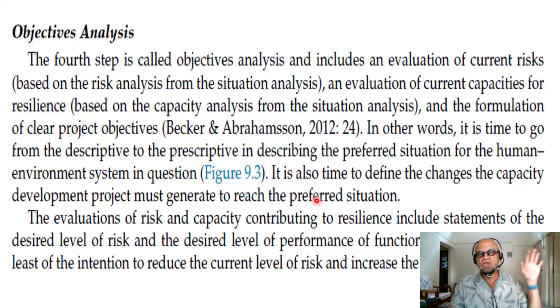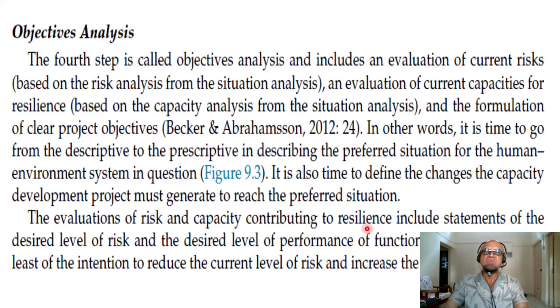So we have understood the current situation, we are defining a preferred situation, and then we want to design programs and projects to reach the preferred situation. The evaluations of risk and capacity contributing to resilience include statements of the desired level of risk and the desired level of performance of functions for resilience, or at least the intention to reduce the current level of risk and increase the level of performance.